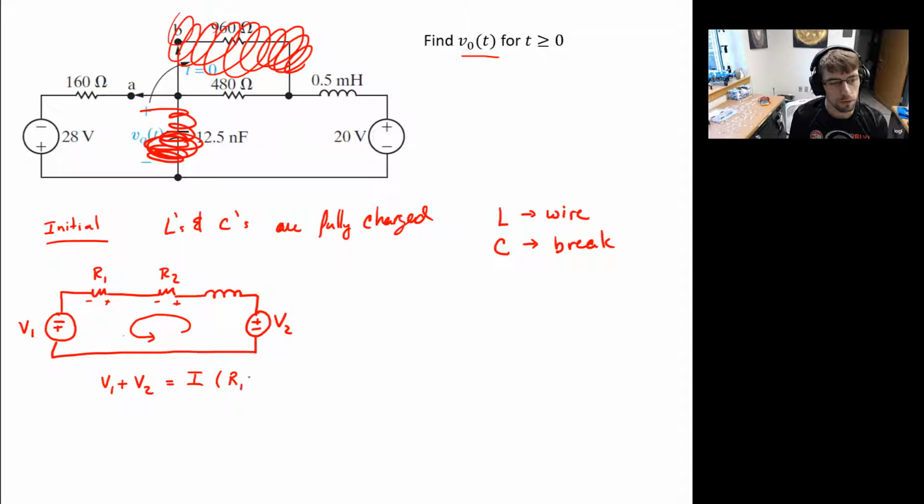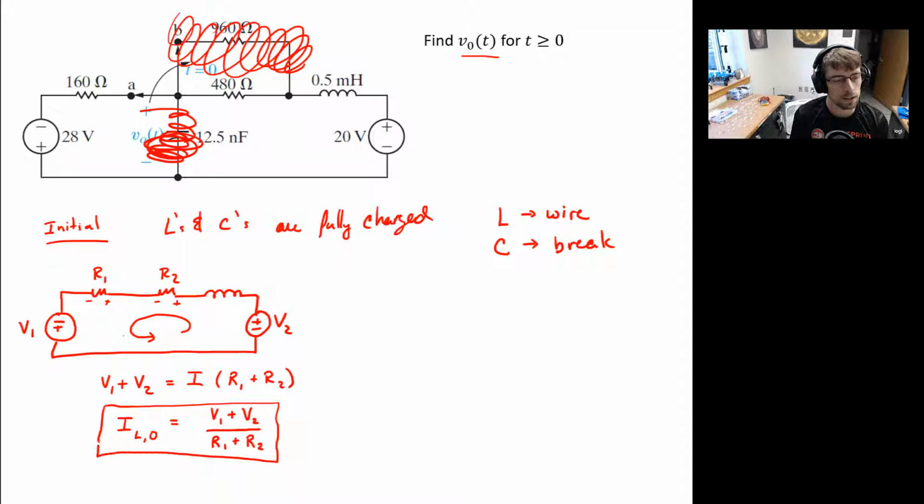And then we have R1 plus R2. So what we can write is that, I'll label it like this, the initial current flowing through the inductor is given by the sum of the two potentials divided by R1 plus R2. So that's one of the needed equations, needed initial conditions.